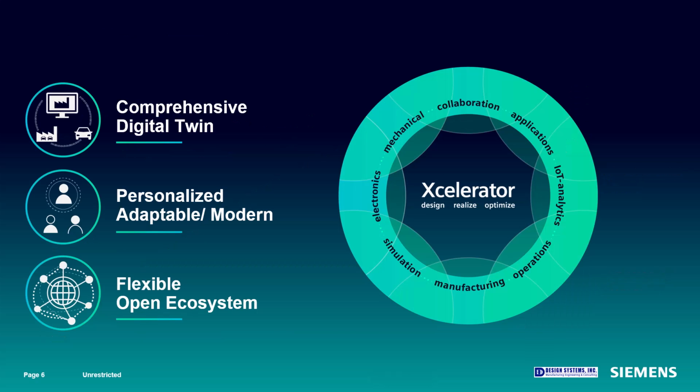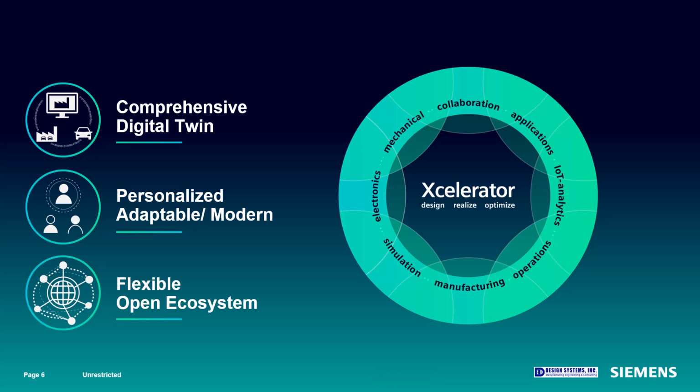We call this our Siemens Accelerator portfolio, with capabilities for mechanical and electronics design, simulation, manufacturing simulation, which is part of what we're discussing today, operations, IoT, applications, and collaboration. Siemens Accelerator is a comprehensive digital twin that is personalized, adaptable, and modern. It is a flexible, open ecosystem, and we have solutions that can stand alone, or connect with your existing systems, or connect with new solutions within our portfolio and with your existing systems.